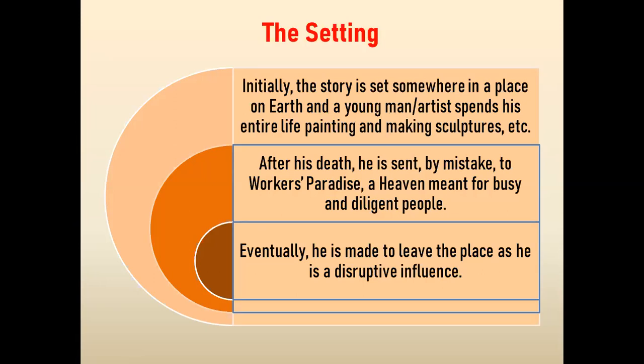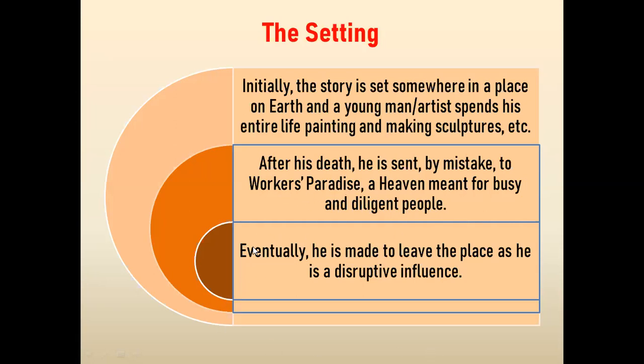And eventually, by the end of the story, he is made to leave the place, as he is a disruptive influence. So, as we can see, the first part of the story is set on Earth, and then a very large part of the story is set in workers' paradise, which is a kind of heaven.